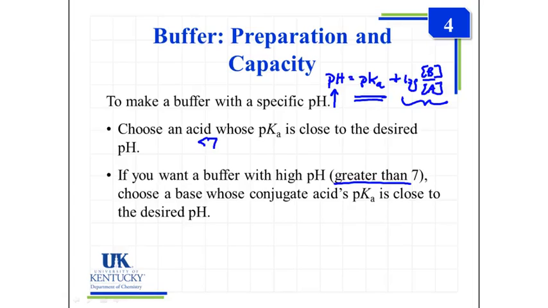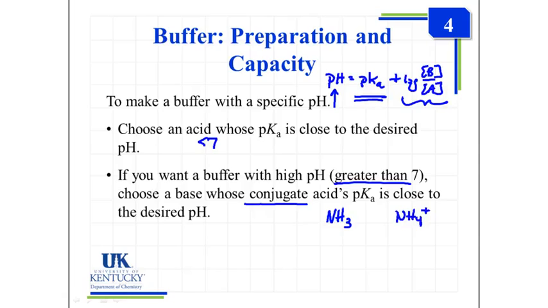But again, you're going to be looking at the Ka value of its conjugate acid. So if you were looking at a base like ammonia, you need to consider the acid ammonium and ask what's the Ka value of ammonium, and get its pKa value. So you're looking for something that's in that range.